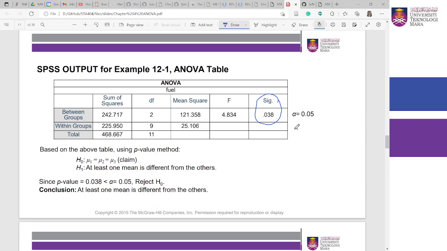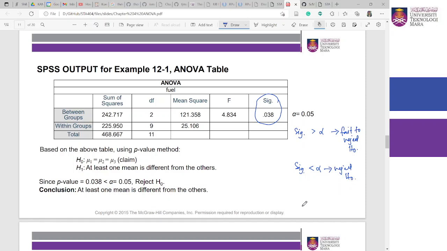If the significant value here is greater than alpha, in this case you fail to reject. Okay, then if your significant value is less than alpha, then your result will be reject H0. So in our case right now it is 0.038, which is less than 0.05.